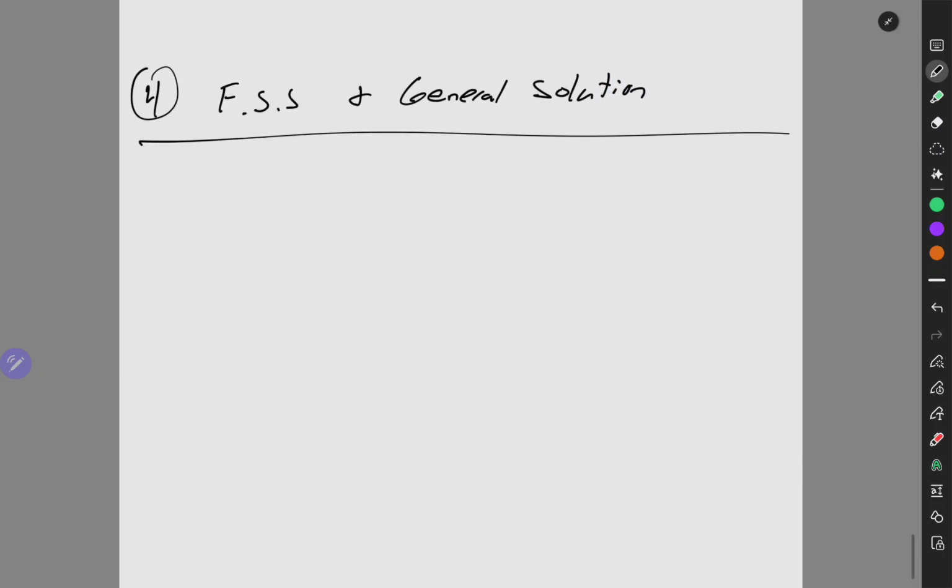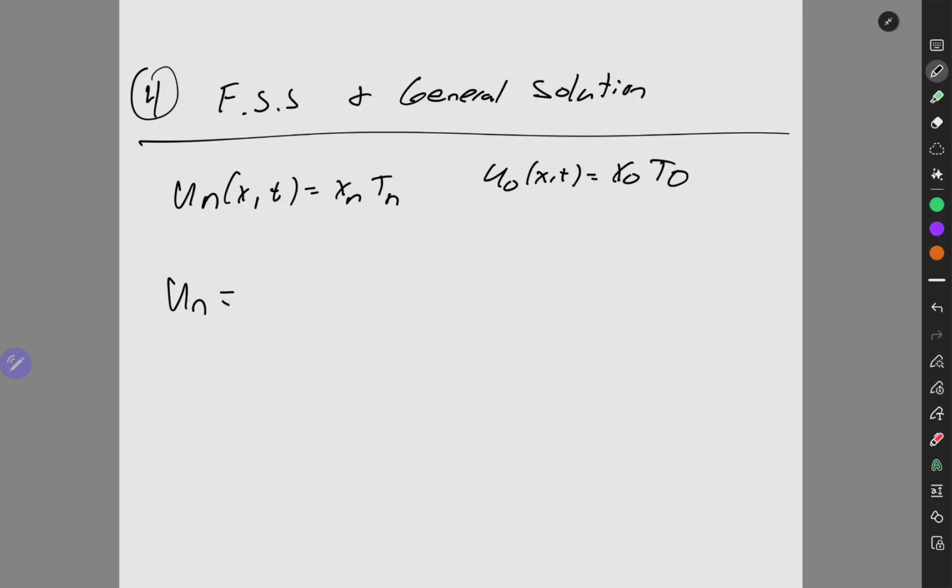In this case, we have to define u of n and u of naught. So we know u of n, since we define u is equal to X of x, T of t, u sub n is equal to X sub n of x, T sub n of little t. I'm just going to write it like this. U naught is the same kind of logic here. That allows us to write this.